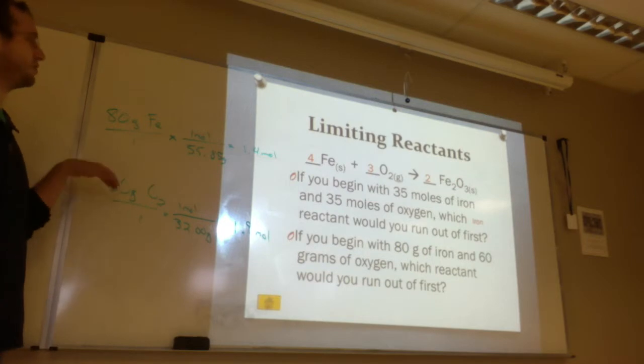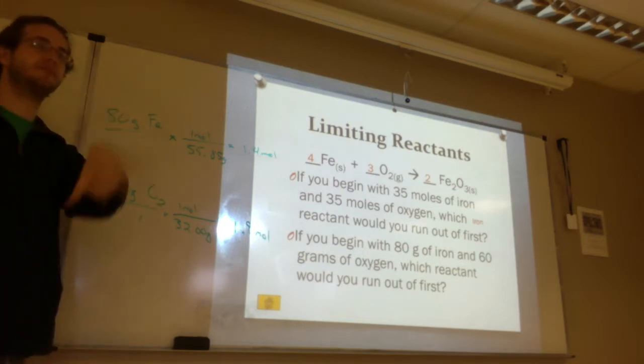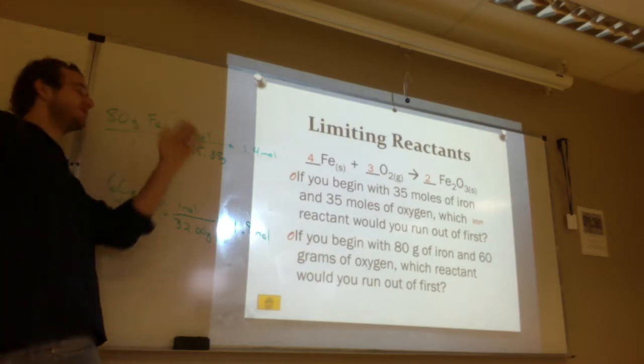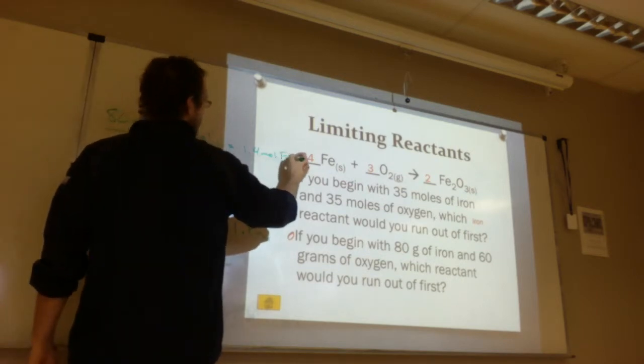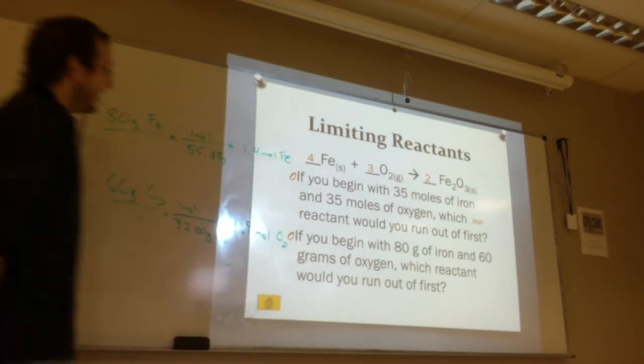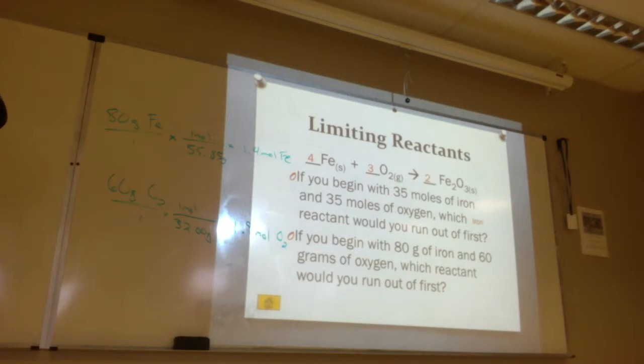Technically, sig figs say we should only have 1. Moles of iron, moles of oxygen. Alright, now I can figure out which one's going to make the least amount of product.